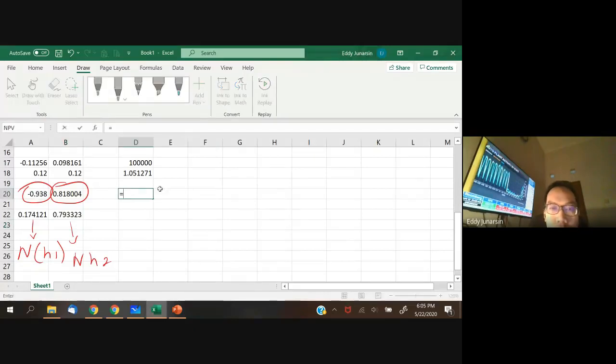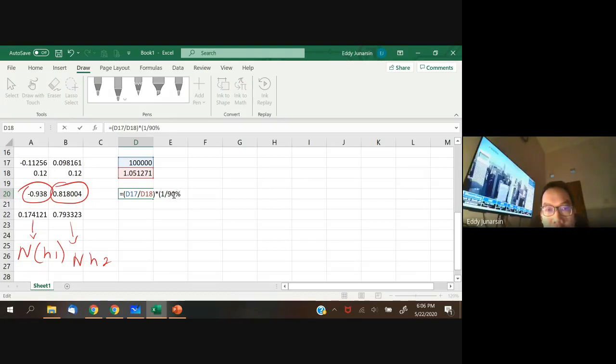Okay, so the amount of borrowing divided by e, the exponent, to the power of I times T. Right? Then we multiply by, what is it again? 1 divided by 90%, then multiplied by the normal distribution value of H1 plus the normal distribution value of H2.